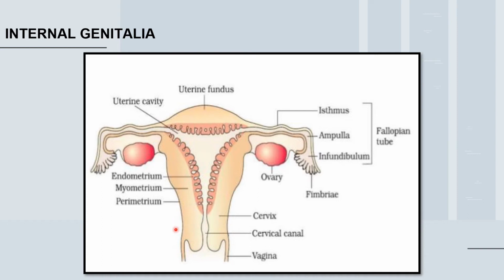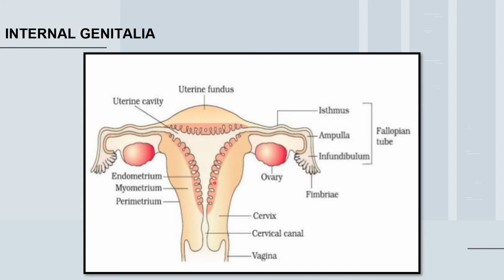The cervix communicates with the body above by an aperture called internal OS, and the cervix will communicate with the vagina below by an aperture called external OS. The wall of the uterus is going to be made up of three different layers. The inner, highly vascular and glandular layer would be termed as endometrium.